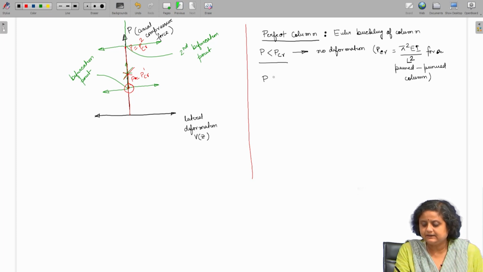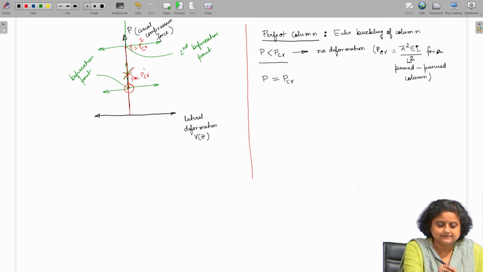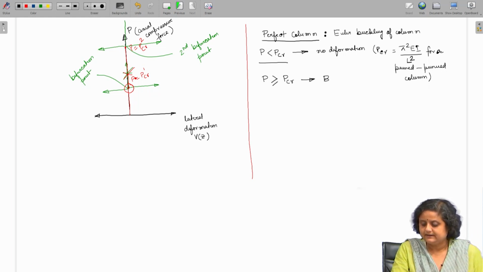When P is equal to P critical, which is a very theoretical case, there is a possibility, or when P is greater than or equal to P critical, there would be buckling of the column.